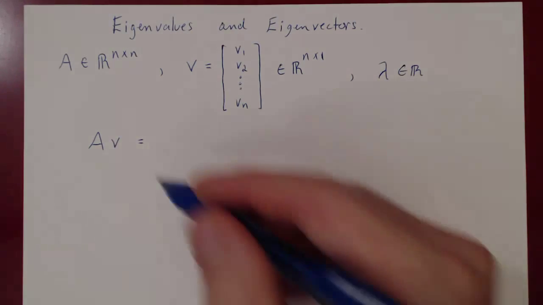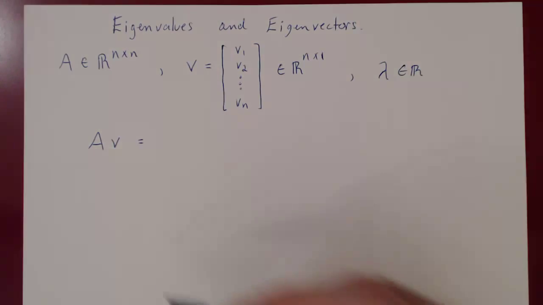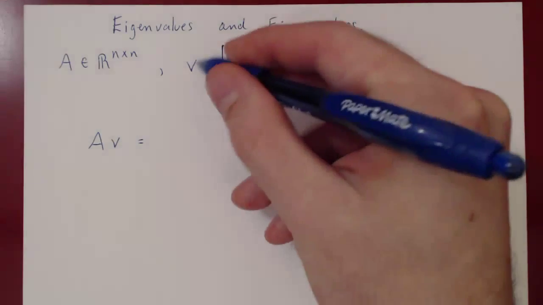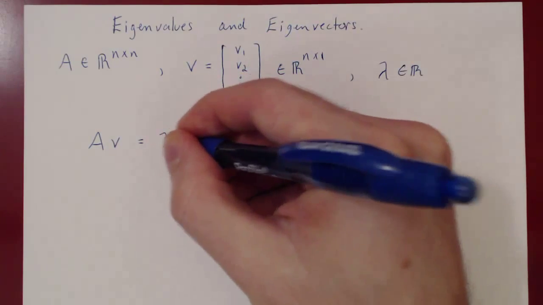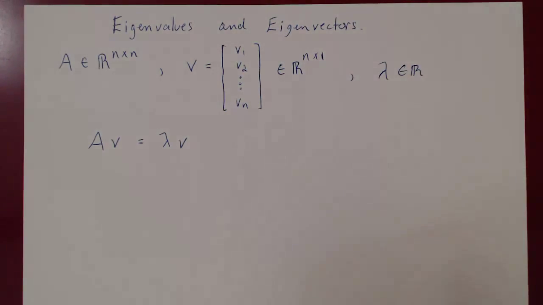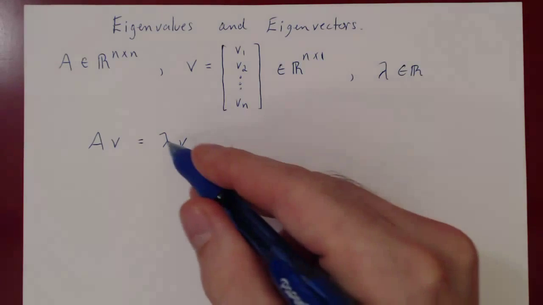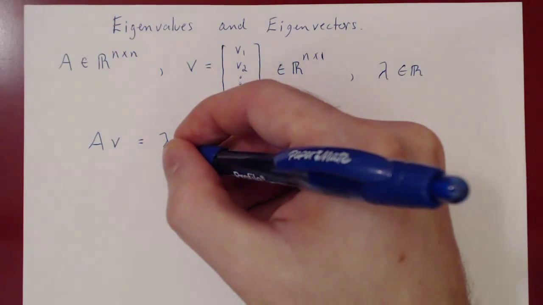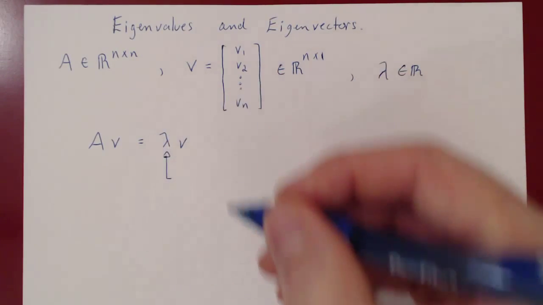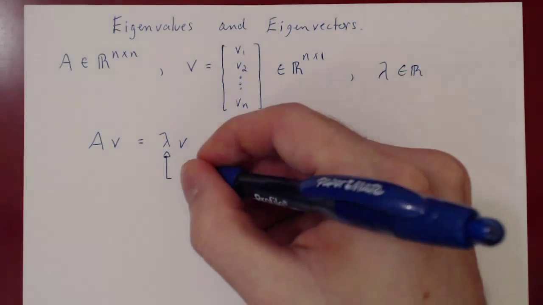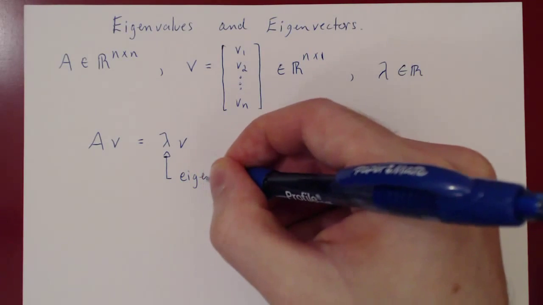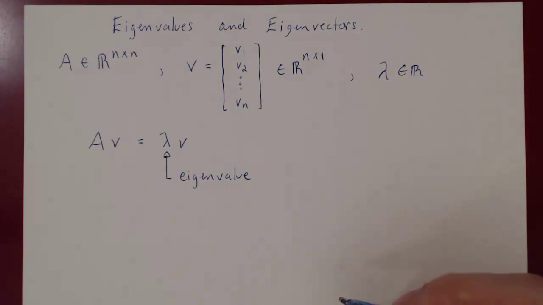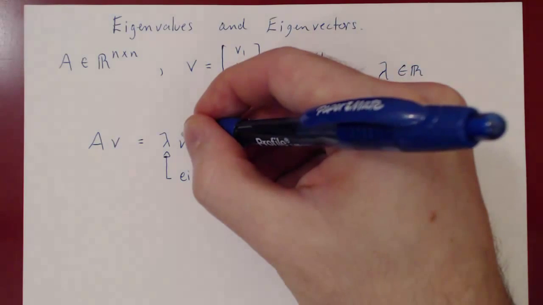And sometimes, for very special choices of vectors, A times V will simply be a scalar multiple of V. And if this happens, if AV equals lambda V, then we call lambda an eigenvalue of A, and we call V an eigenvector.